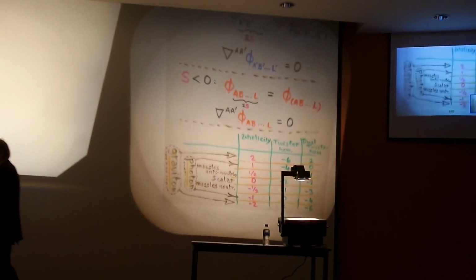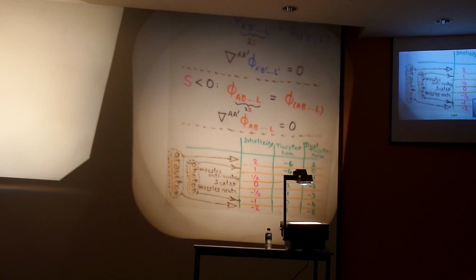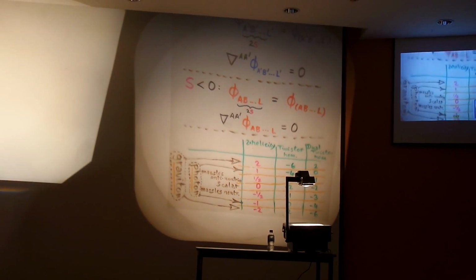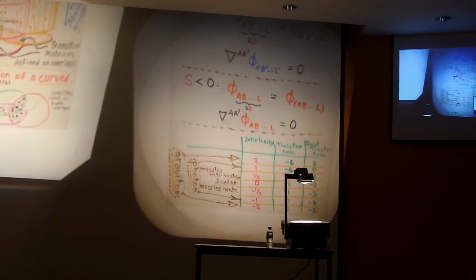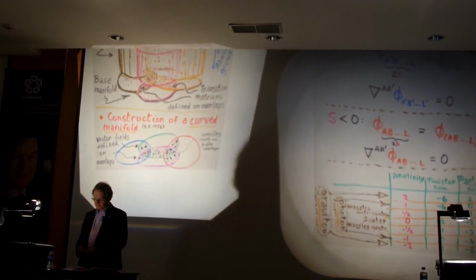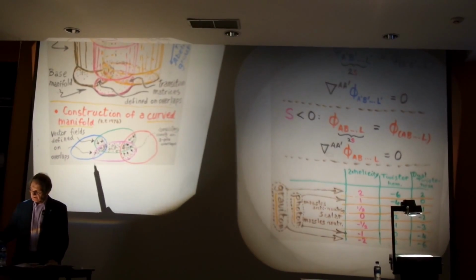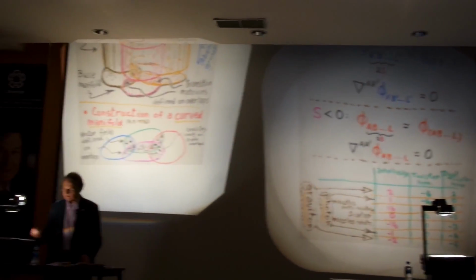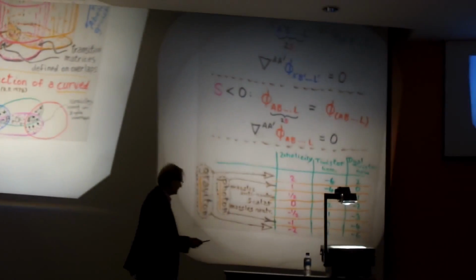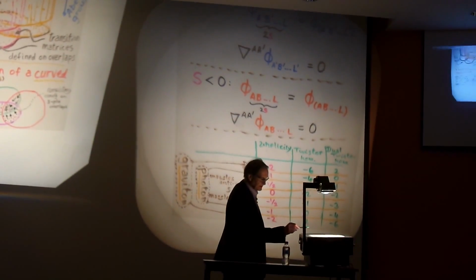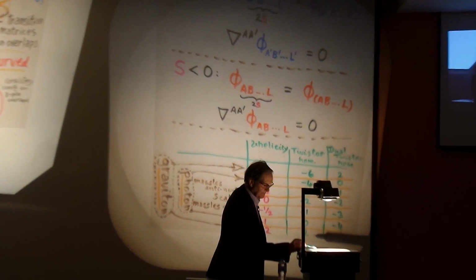Now, the gravitational case, which was the first one, is the one I understand the best. Going back to this picture at the bottom, you want a way, first of all, of converting your function, which in this case will be anti-self-dual, so we're looking at functions which are homogeneous of degree 2.